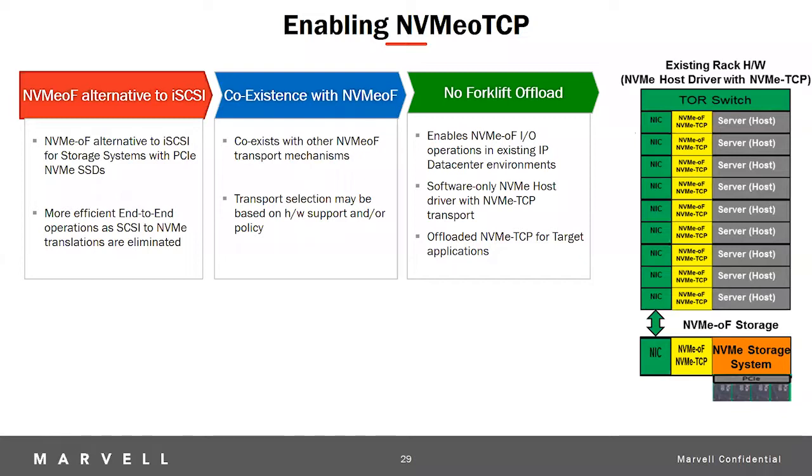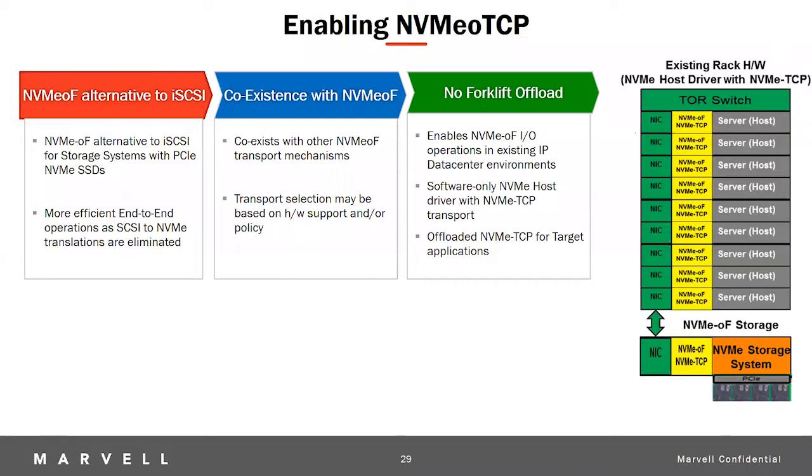So I think the message here is really that we are enabling multiple transports, and we're really making it easy for our server and storage partners to bring solutions to market across different transport choices.